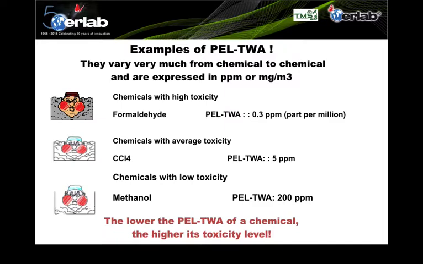A chemical with low toxicity like methanol has a PEL-TWA of around 200 ppm. So from this list, you can see that the lower the PEL-TWA of a chemical, the higher its toxicity level, whereas the higher the PEL-TWA, the lower the toxicity level.